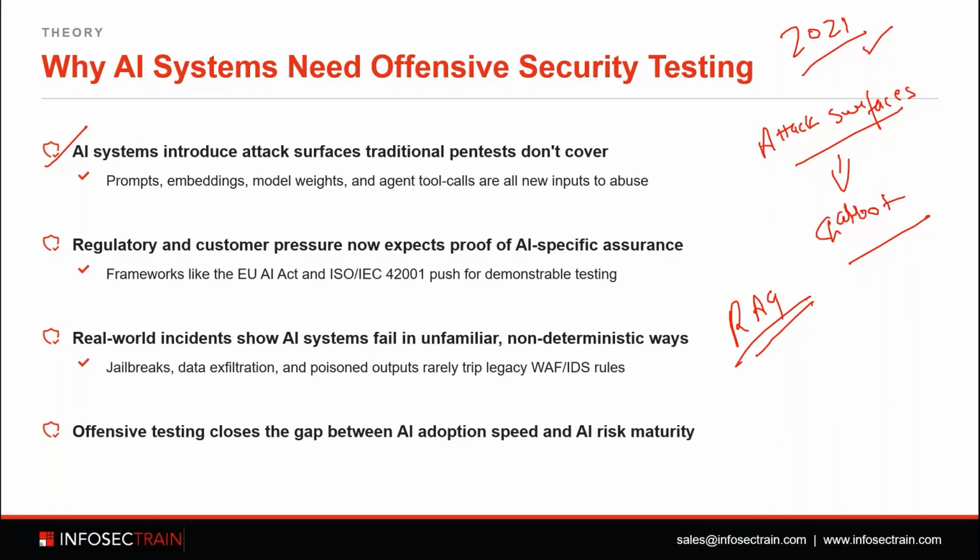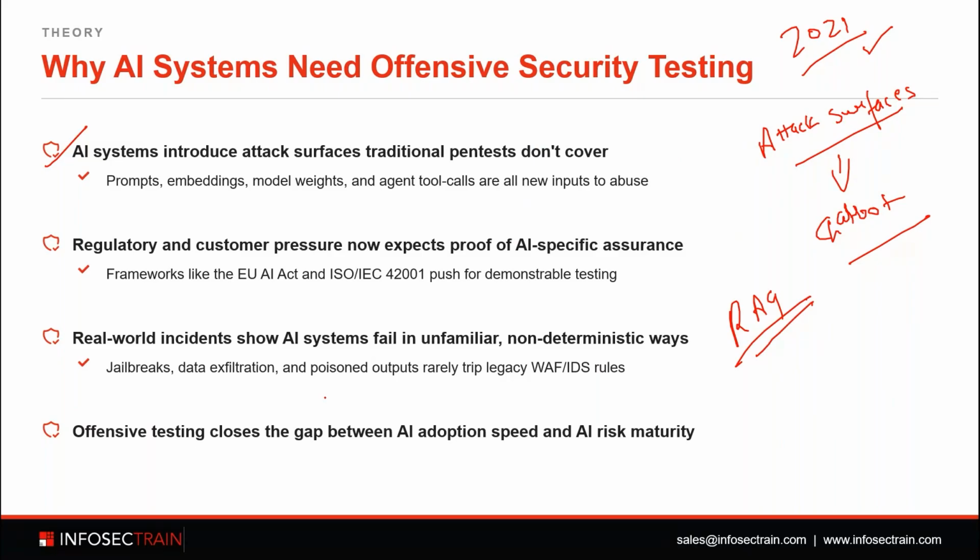Another critical reason is the evolving threat landscape. Attackers are already experimenting with AI specific techniques, like model inversion and training data poisoning. So without offensive testing, organizations risk deploying AI systems that appear secure but are vulnerable to subtle, high impact attacks, right? That's why AI systems need offensive security testing.